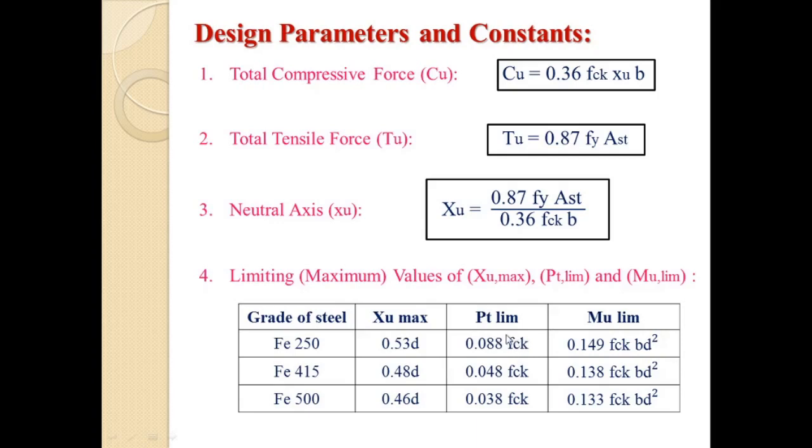From this formula, we get the percentage limit for Fe250. Then the moment of resistance, that is Mu limit, for Fe250 is 0.149 fck b d squared.